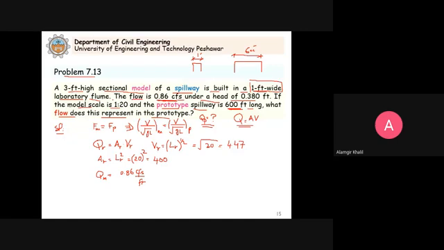Now you see the scale ratio is 20. Model scale is 1:20, or the scale ratio is 20:1. It means that LP divided by LM is the scale ratio. Clear? This is 20 and this is 1. The model scale is 1/20.